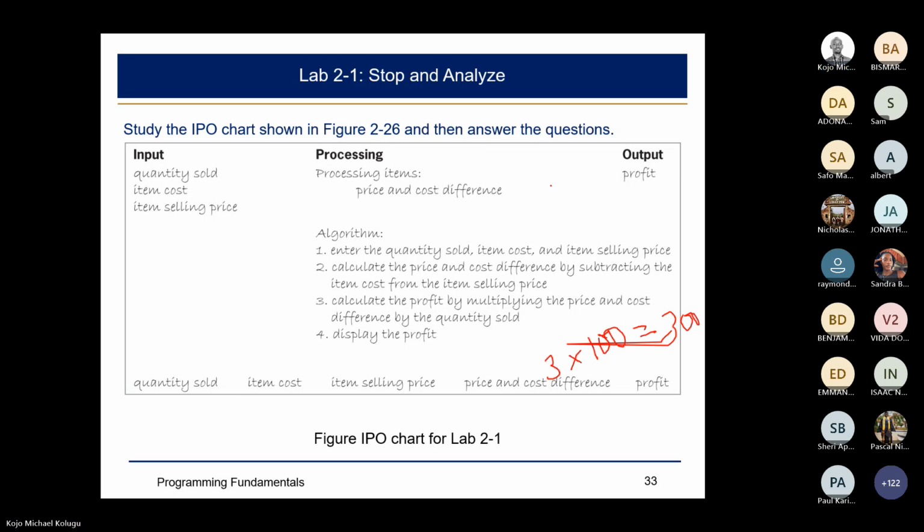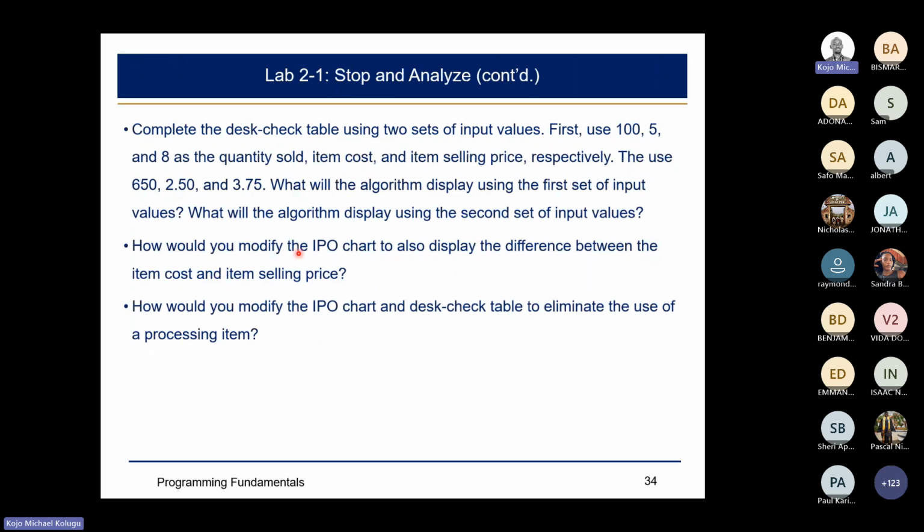Now, the second part of the question refers to modify. So you'll be able to use this one to do the second one. It says, how would you modify the IPO chart to display the difference between the item cost and the item selling price?